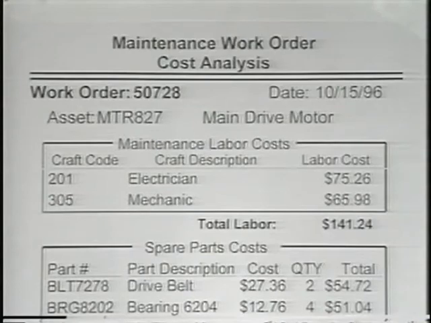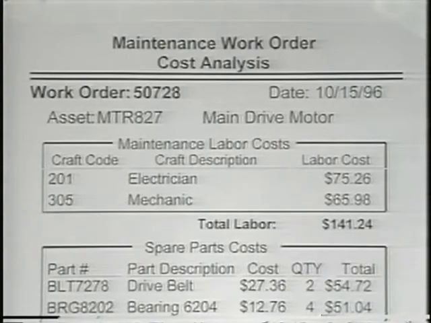Now, what we have done here is to identify the different craft labor costs, and you could see we're talking about an electrician and a mechanic, which has a total labor cost of $141.24.